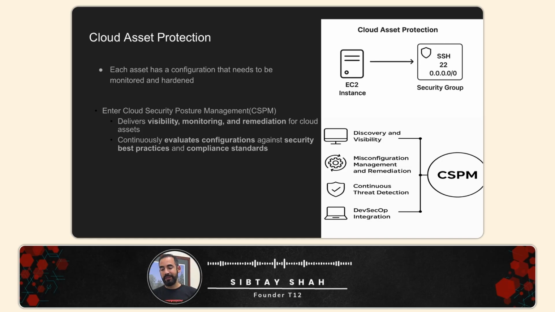So yeah, cloud security posture management is exactly what it does, which is it monitors. First, it provides the visibility. It does inventory tracking for us. And then it monitors the configuration of our cloud assets. And for each configuration, it compares against industry best practices.